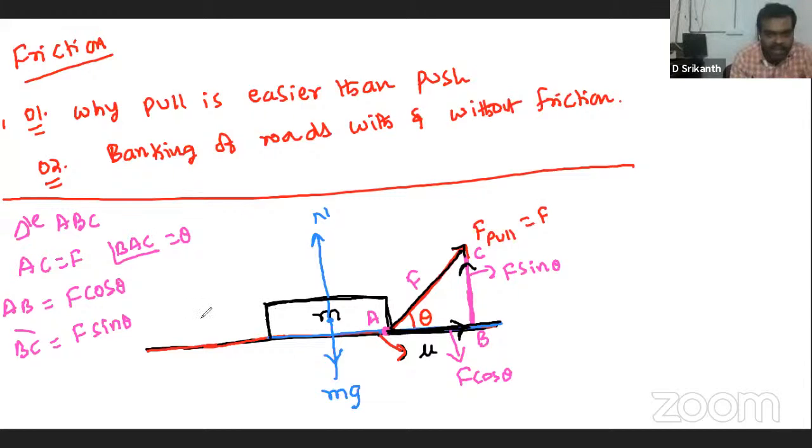So there will be a frictional force, or preferably we can say static friction will act. This static frictional force brings the object to rest. So whenever the object is in equilibrium, we can write F cos theta is equal to Fs.